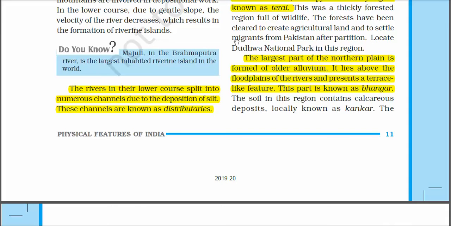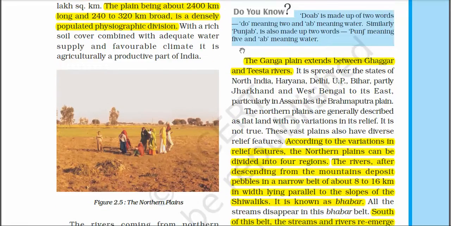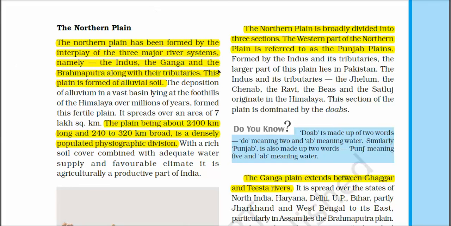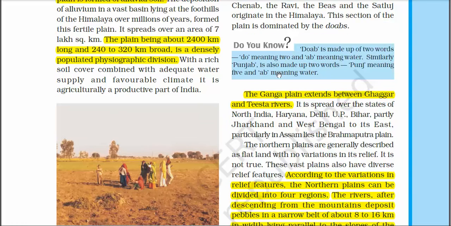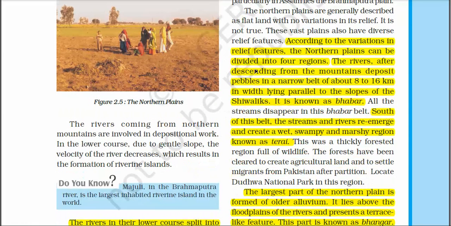River Hooghly is an example of a distributary of river Ganga. The northern plains is broadly divided into three sections. The western part of the northern plains is referred to as the Punjab Plains. The Ganga Plain extends between Ghaggar and Tista rivers.